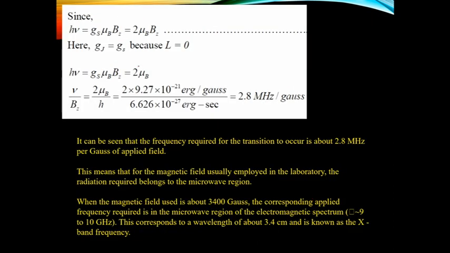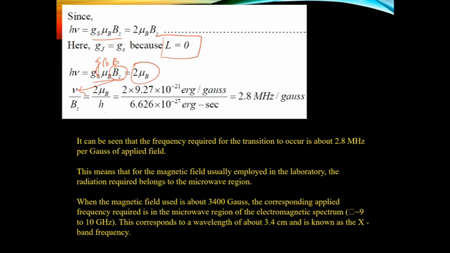Since we have 2 mu B Bz equal to the magnetic field applied, you can see that Gj is equal to Gs because L equal to 0. So h nu, which is g mu B, in fact you can even write it like this, g mu B equal to 2 mu B. The applied field, you can just bring this downwards for frequency, and then 2 mu B over h.